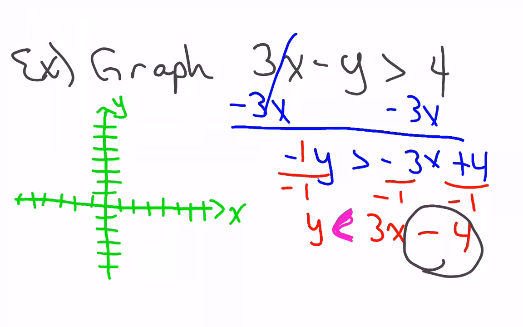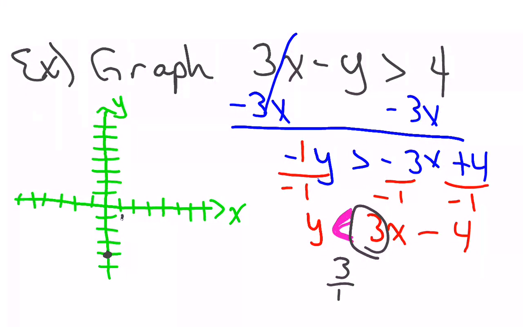It is at negative 4, so we're going to go to negative 4 on the y and put a dot. And then we're going to graph the slope. And remember, slope is rise over run, so this is really 3 over 1. So we're going to go up 3 spaces, 1, 2, 3, and over 1 space, and put a dot.